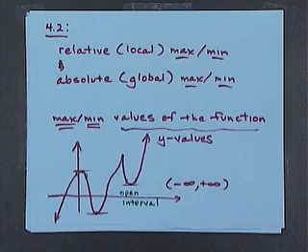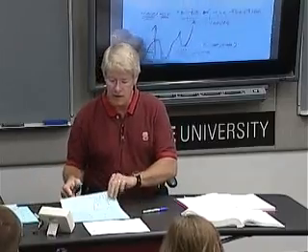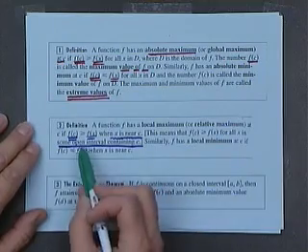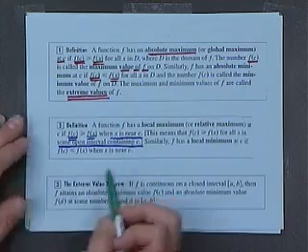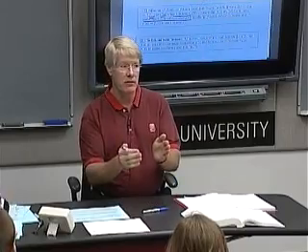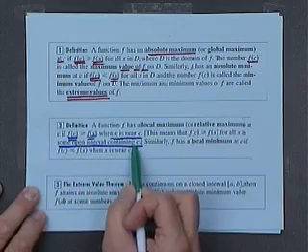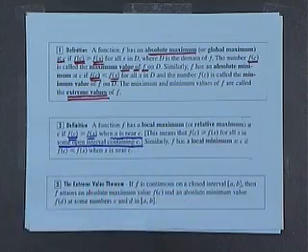Now, when we get to something that has an endpoint later, remember this terminology where they talk about some open interval containing C. You can't have an open interval if you've got an end. You can't go to the right of there. So endpoints will not be relative max and relative mins because you can't do an open interval containing the endpoint. It's an end, so you can't go one way or the other.